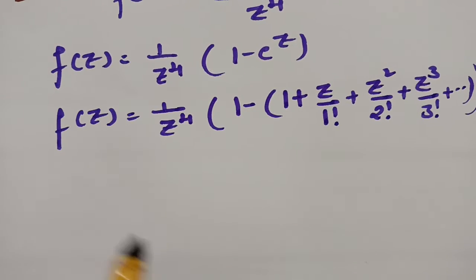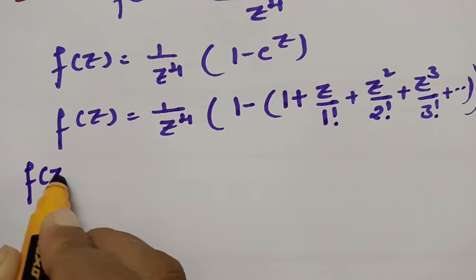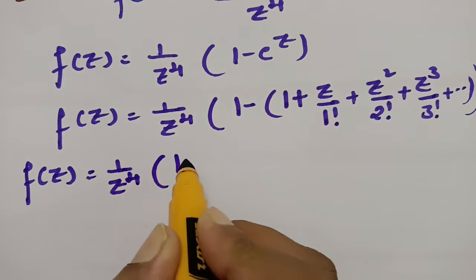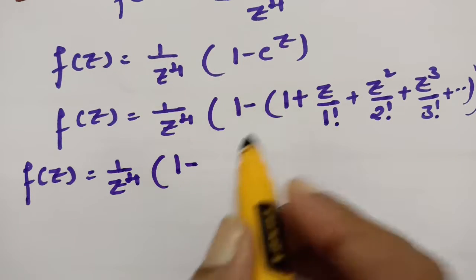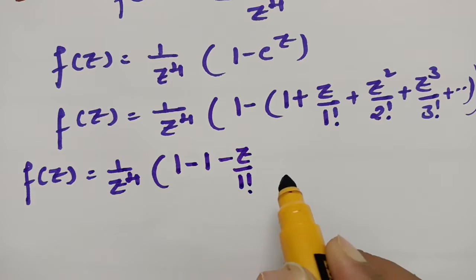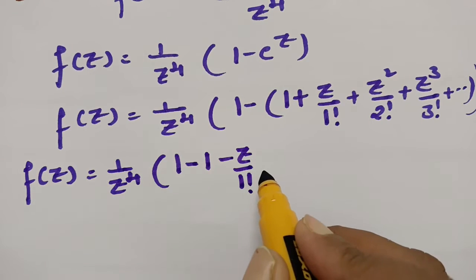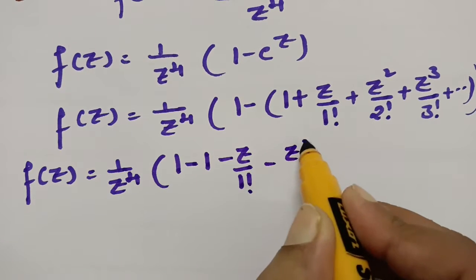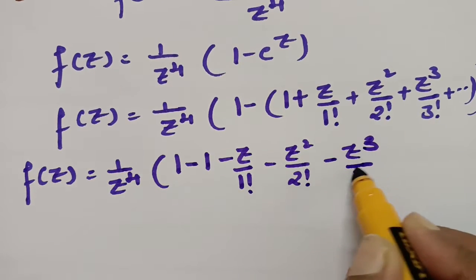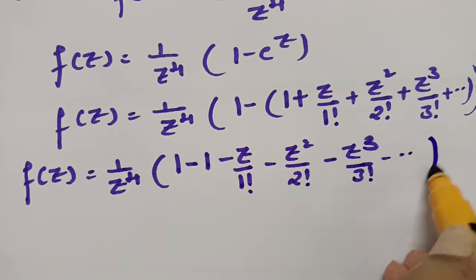Now see here, f(z) can be written as 1/z^4 into 1 minus, so if I send the minus inside, this will be -1 - z/1! - z^2/2! - z^3/3! - and so on.